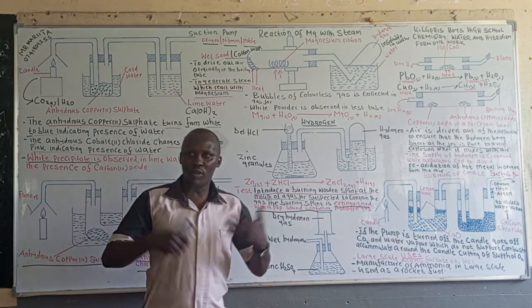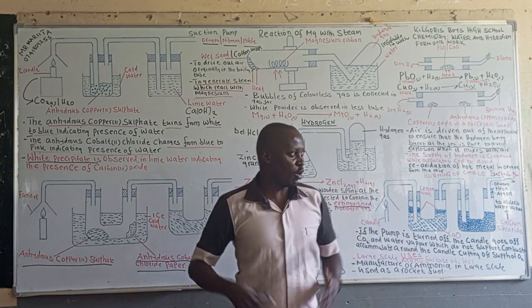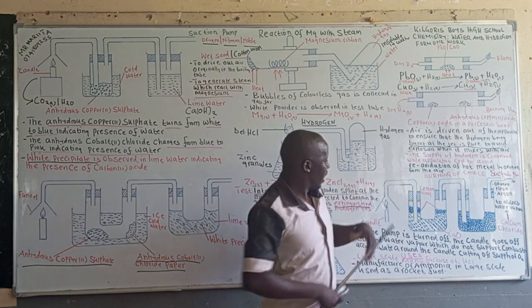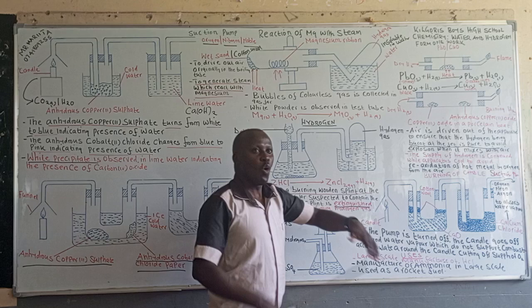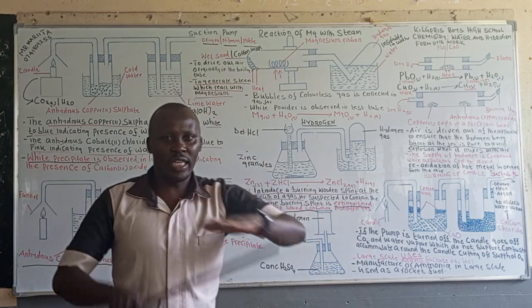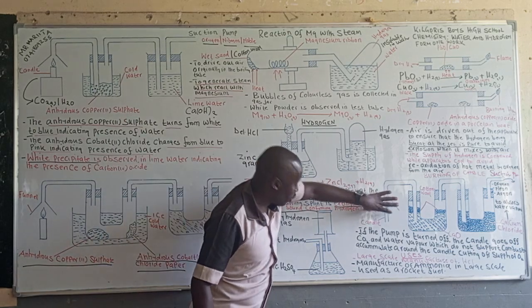Carbon dioxide does not support combustion, and water vapor does not support combustion. So if the pump is turned off, there is an accumulation of carbon dioxide and water here, which do not support combustion, and therefore they cut off the supply of oxygen. Then eventually the candle goes off.